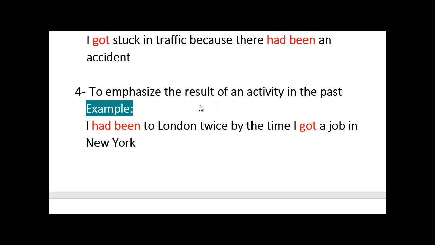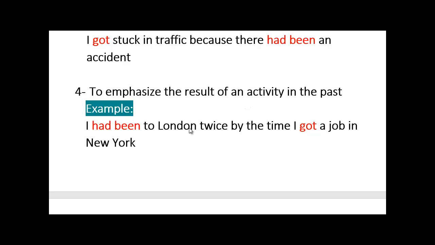To emphasize, number 4, a result of an activity in the past. Okay, I had been to London twice by the time I got a job in New York. So here we emphasize the result of an activity in the past. Here we have someone who's traveling, or something like that. So I had been to London twice by the time I got a job in New York.